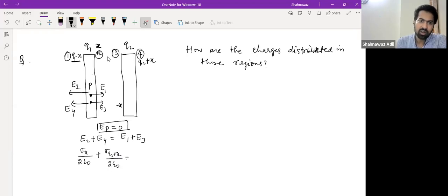And E1 is how much? Sigma x by 2 epsilon. I am writing it as x because I have taken the direction. Whenever I take the direction, I don't consider the polarity of the charge. Understood, guys?